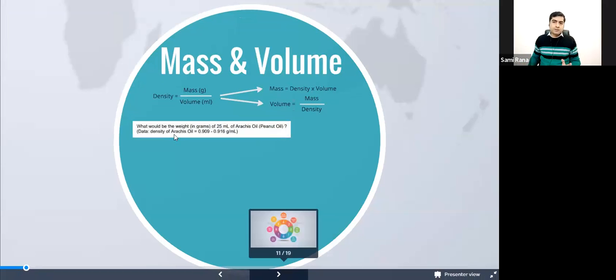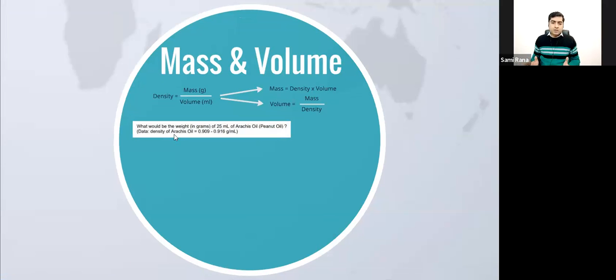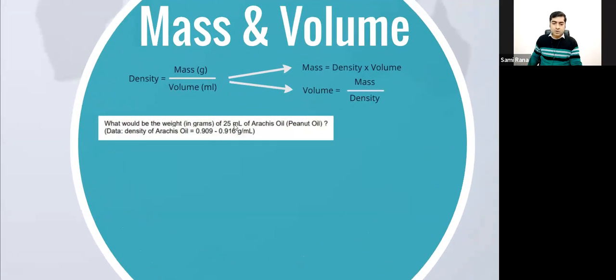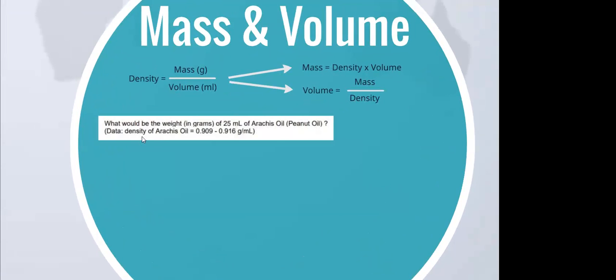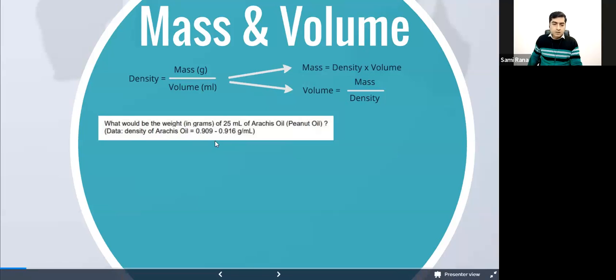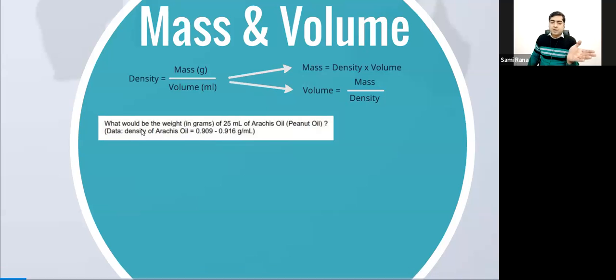Here is a question that is only going to be solved from the above formulas. That says, what would be the weight in gram of 25 ml of arachis oil, that is peanut oil, the density. Okay, this is a very simple question.